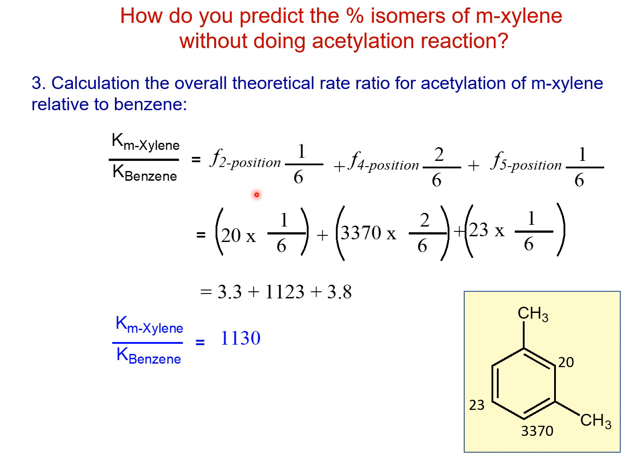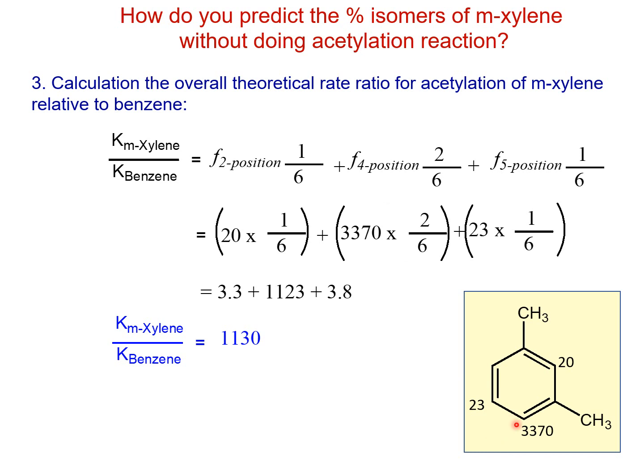Let's see for the 2 position. The 2 position is a single position, and that we are comparing with the 6 equivalent positions of benzene. So the multiplication factor is 1 by 6.